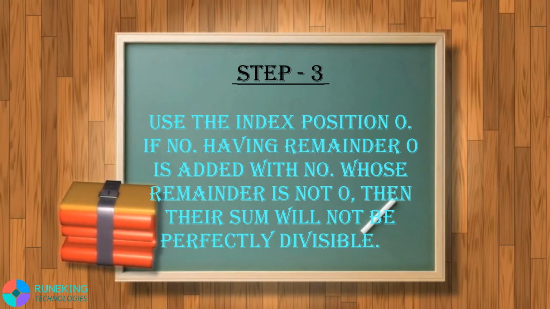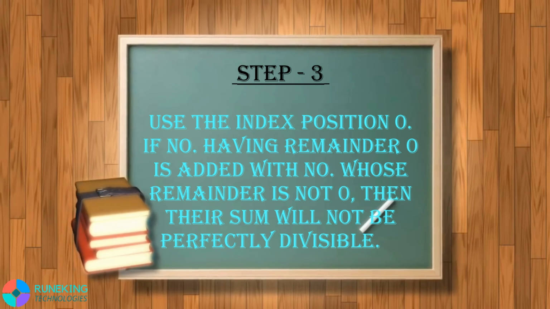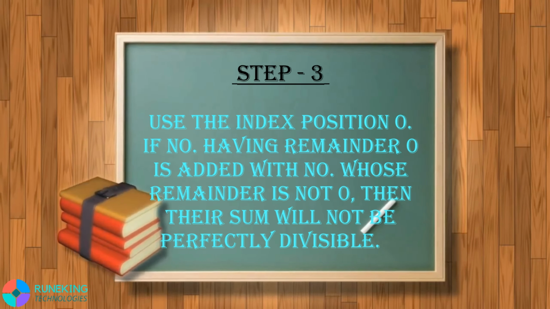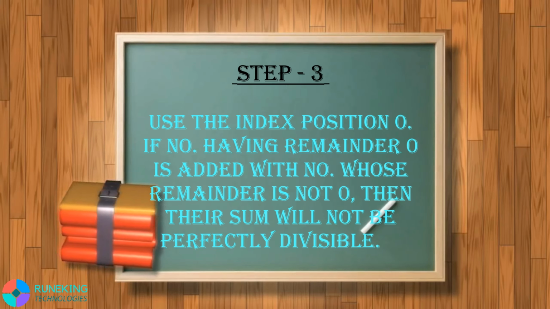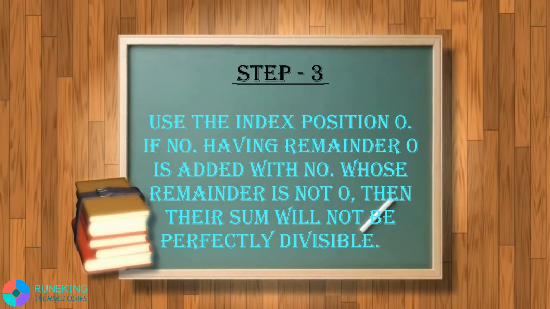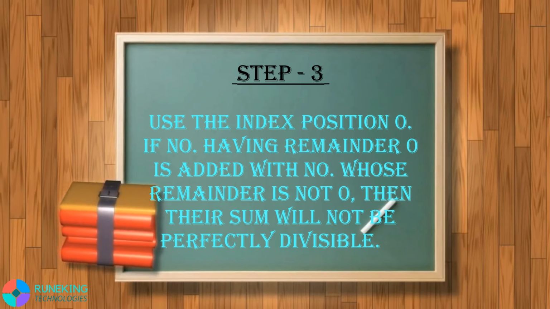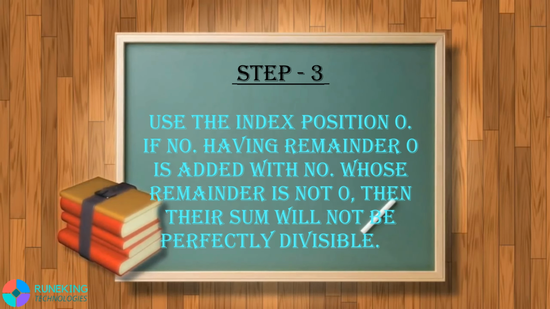If we take one of those elements and add it with something else, it will not be divisible by k, because it was already divisible by k. So we will check: if at index position 0 the value in the remainder frequency list is 0, then we take simply 0; otherwise we take 1 if the value at index position 0 is 1 or more.